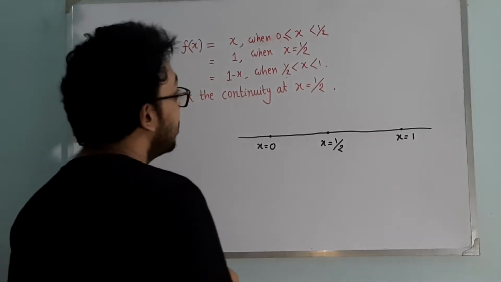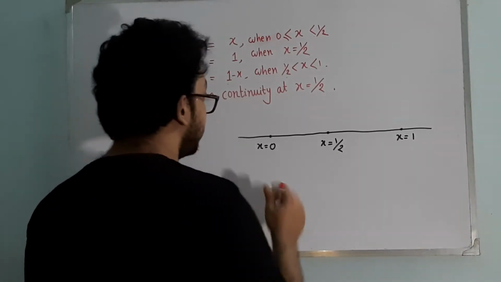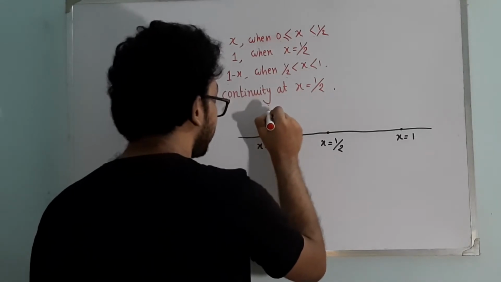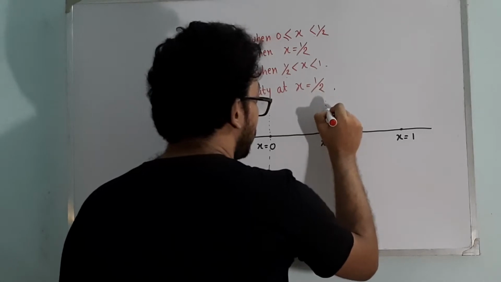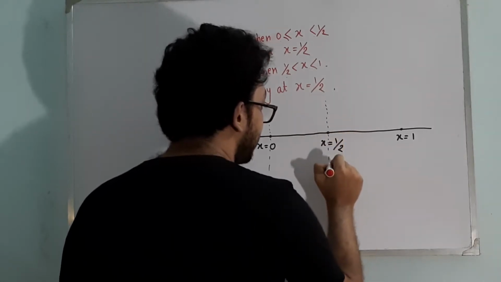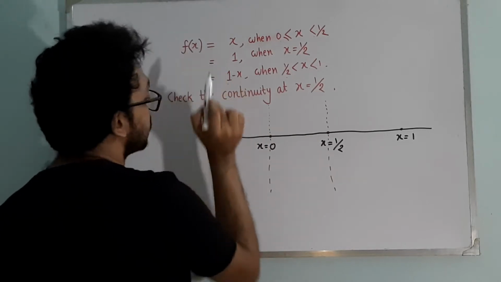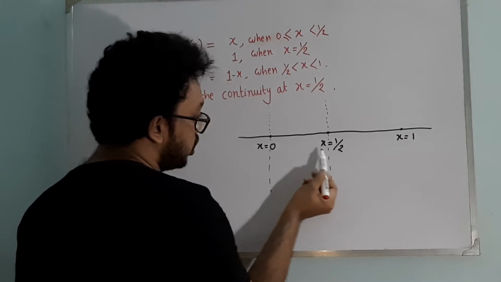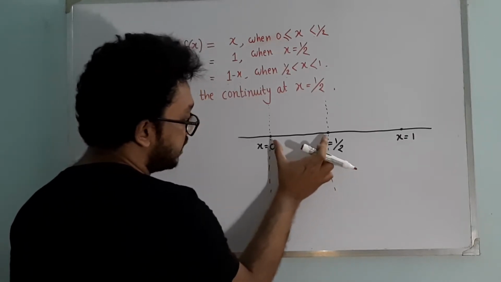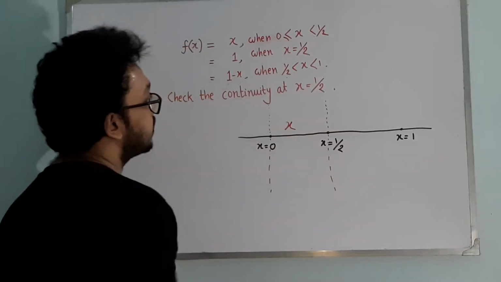Now the problem says that when x is varying in the interval 0 to half, f(x) is equal to x. So in this interval, f(x) is equal to x, right?